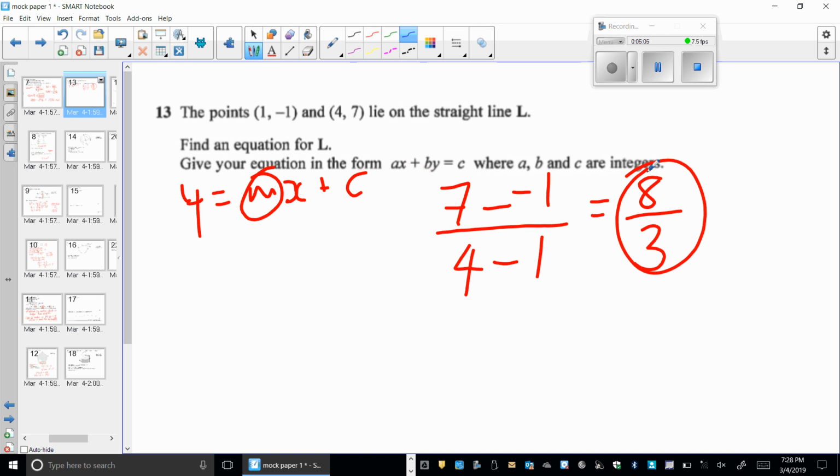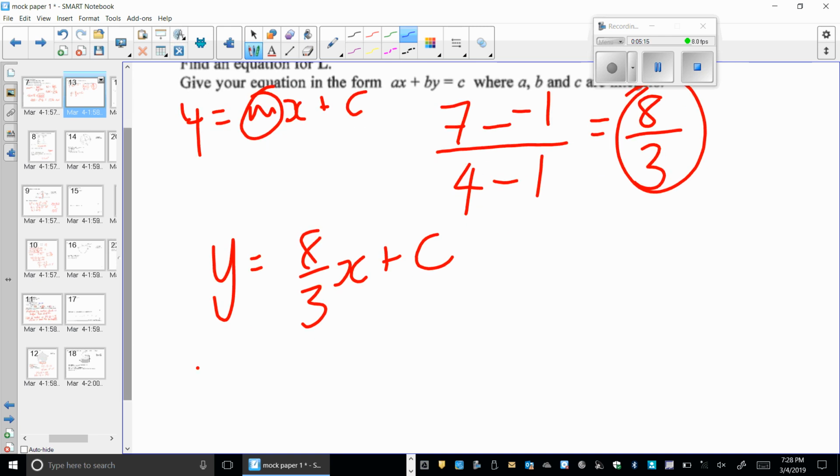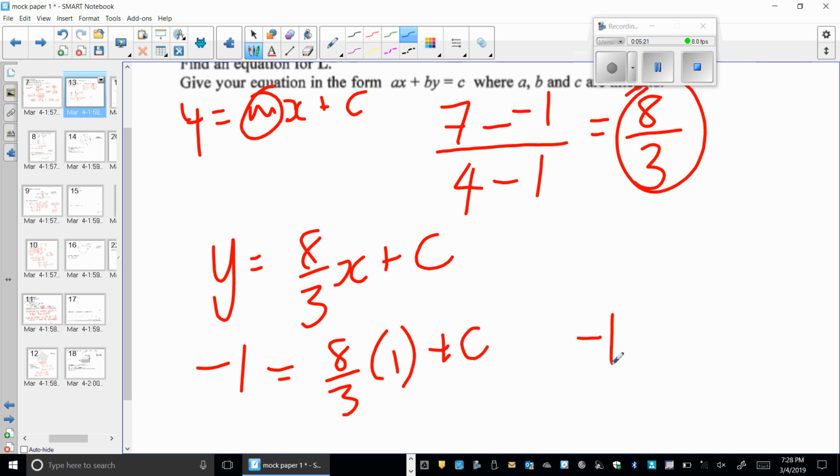So our gradient is 8 over 3. Now use one of these as a coordinate, so it's y equals 8 over 3x plus c. Substitute one of these values in. I suggest using this one because they're ones. So it's -1 equals 8 over 3 lots of 1 plus c. Subtract 8 over 3 gives us c.